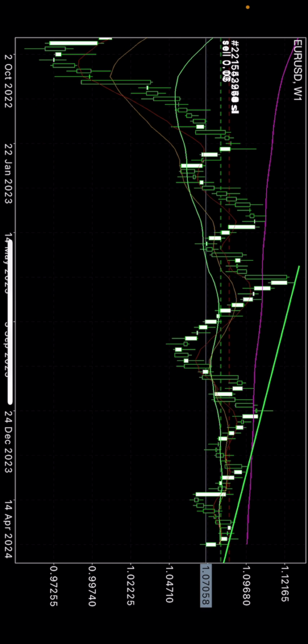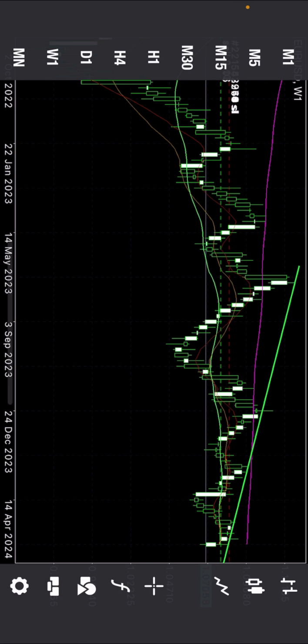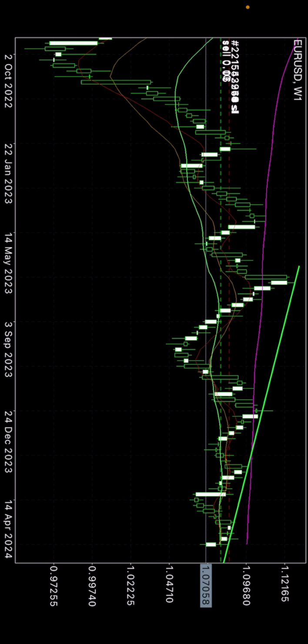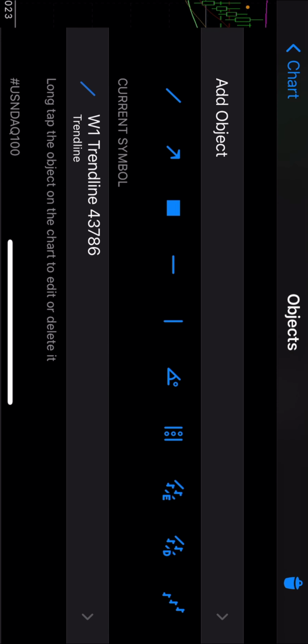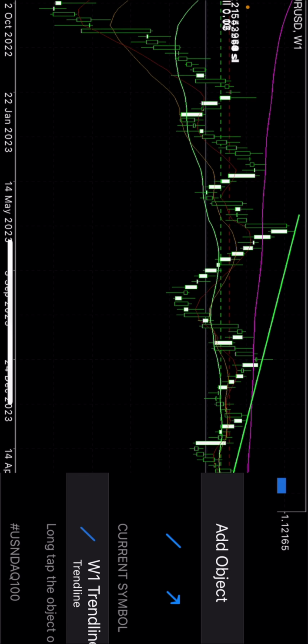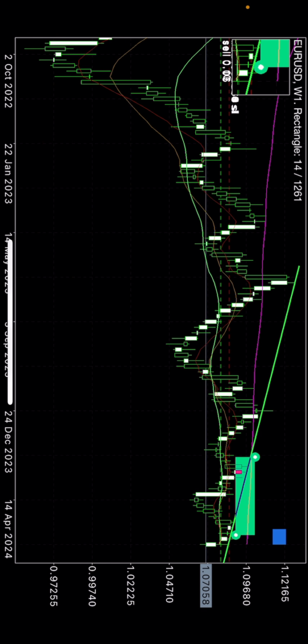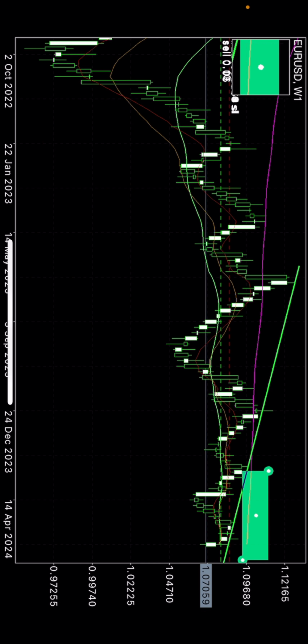So after we identify that, we just wait for price to give us a new lower high, and at that lower high, that is where we look for our supply zones. Since this is a downtrend, we look for supply zones. In an uptrend, we look for demand zones, right? So before we took our trades, we identified this particular supply zone in green, right?